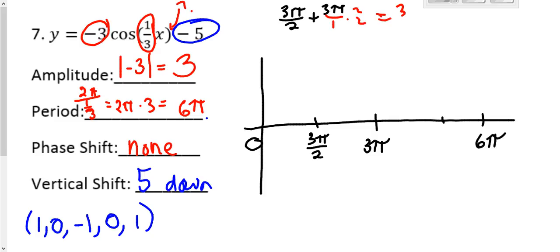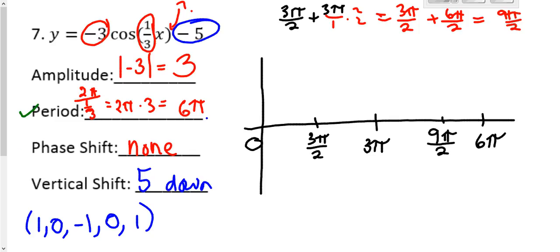So that means we have 3 pi over 2 plus 6 pi over 2 to give us 9 pi over 2. So that is our value here, 9 pi over 2.